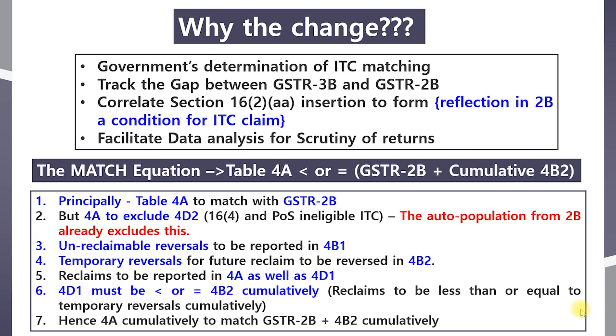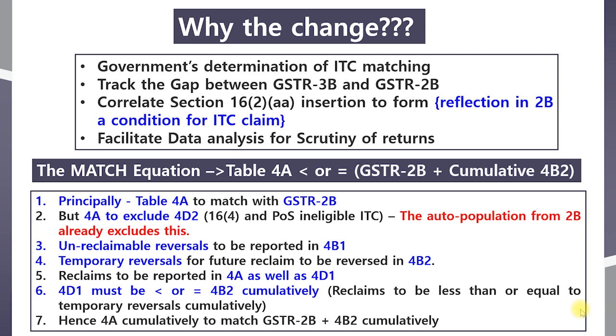Discussing on all these things, it might sound very complicated, but if we understand it logically step by step, I'm sure we will be able to arrive at what is the match equation. Ultimately, if we try and compile the whole information, let's say on a financial year basis, my whole of table 4A should be less than or equal to GSTR 2B plus the cumulative temporary reversals, that is under 4B2.